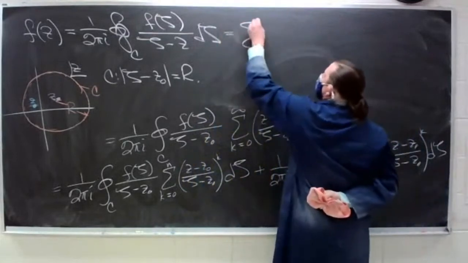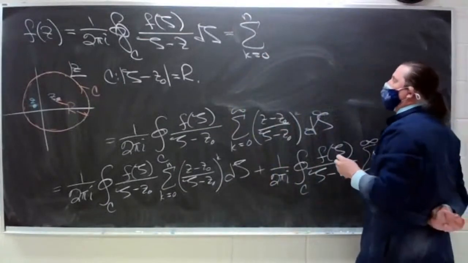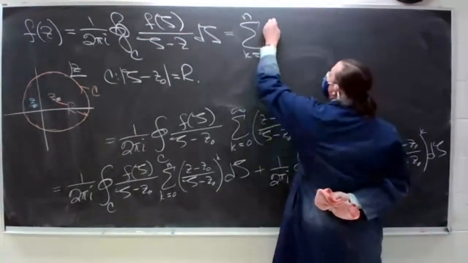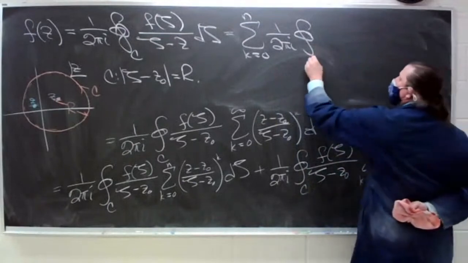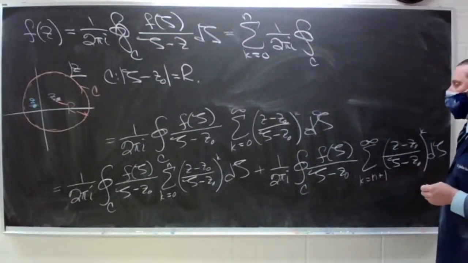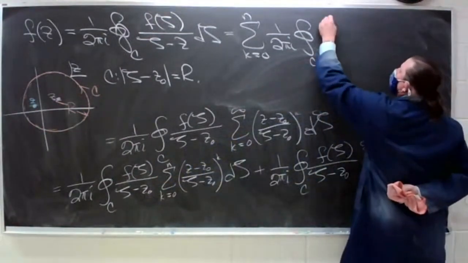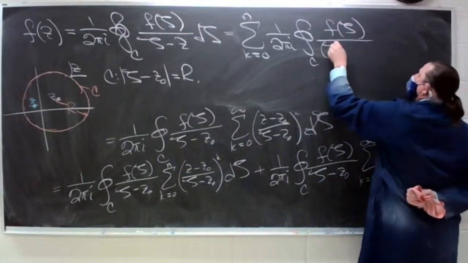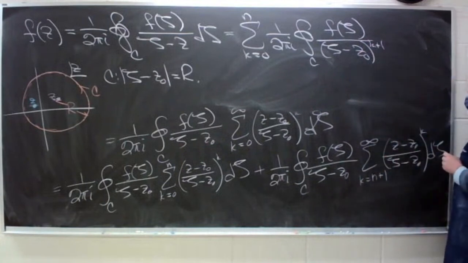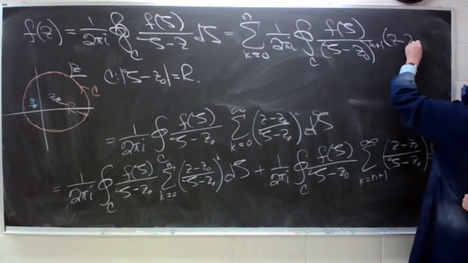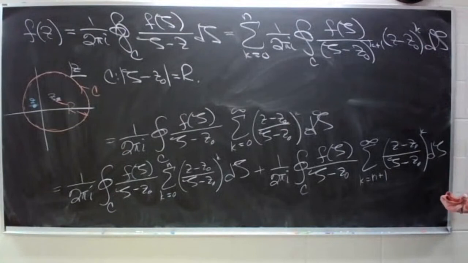So I would say k equals 0 to n, and then it'll be 1 over 2 pi i loop integral over C f of zeta divided by zeta minus z naught to the k plus 1, and then it'll be z minus z naught to the k, all d zeta.